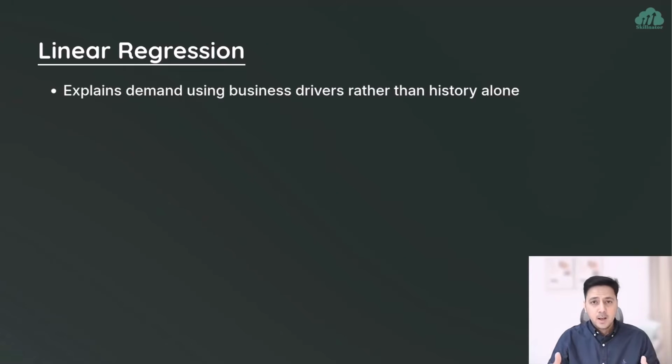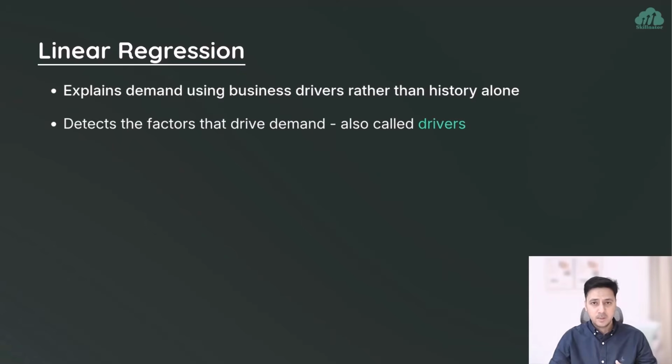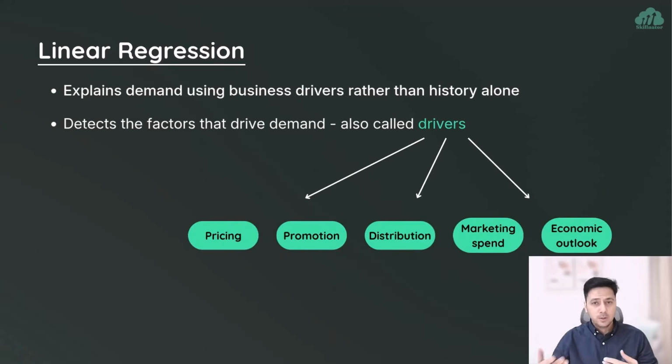Instead of asking how has the demand behaved over time in the past, regression asks what factors are driving the demand and how strong is the relationship between the demand and those factors. These factors are often called drivers. Common demand drivers include prices, promotion spends, marketing spend, distribution reach, number of customers reached, and sometimes broader economic indicators.